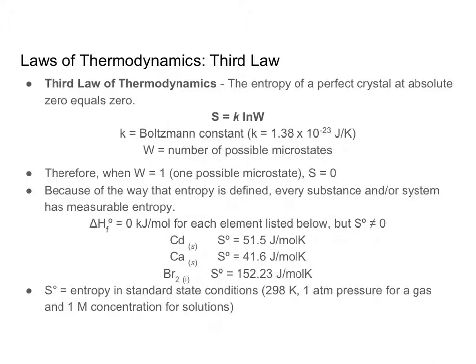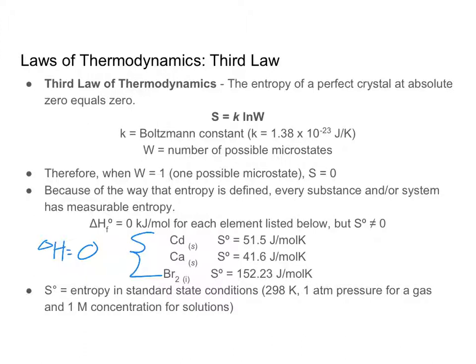So in this case, if we say that the change in energy or the enthalpy is 0, we can still have entropy. So for each of the 3 elements listed below, cadmium, calcium, and bromine, I'm telling you that the enthalpy is 0. But each of those particular elements has a very specific entropy.